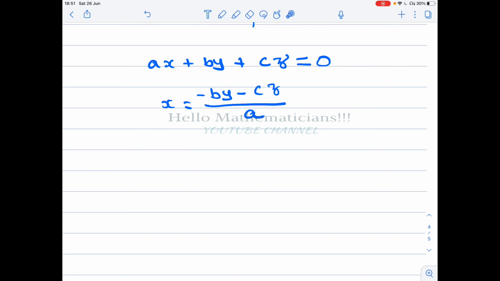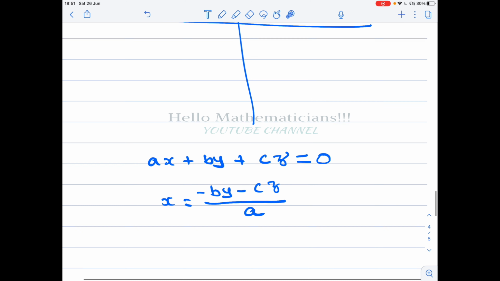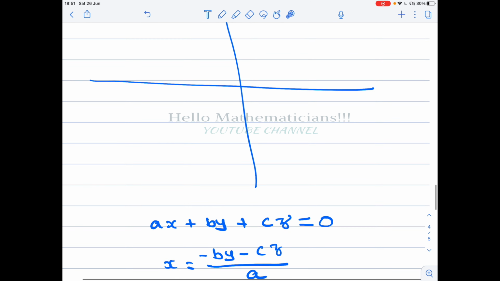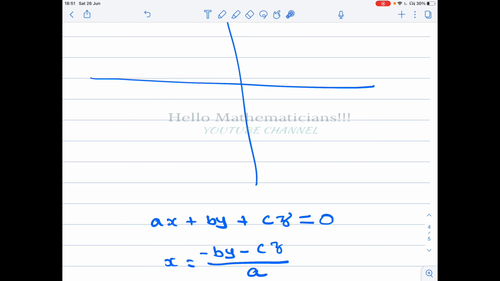Since there are two free variables, an equation in three variables represents a plane, therefore it has dimension 2.